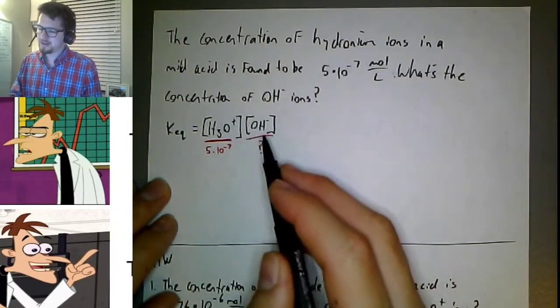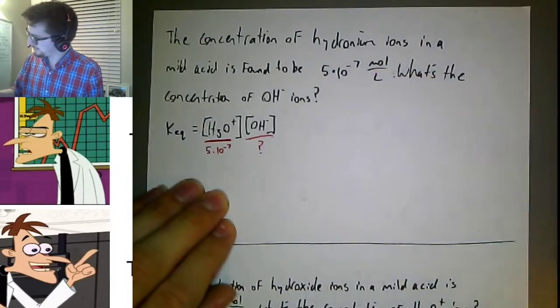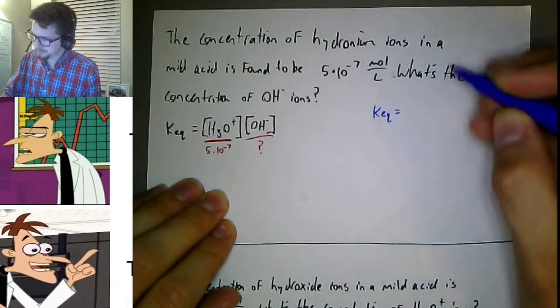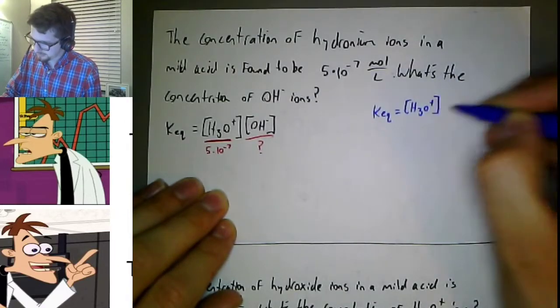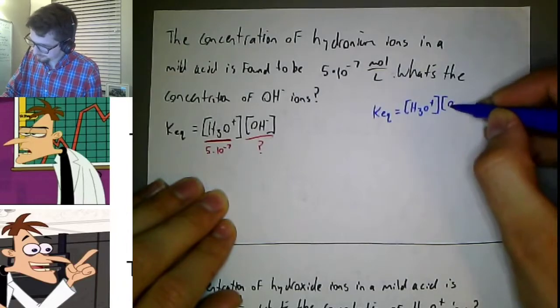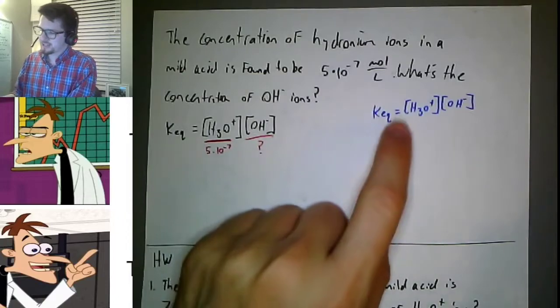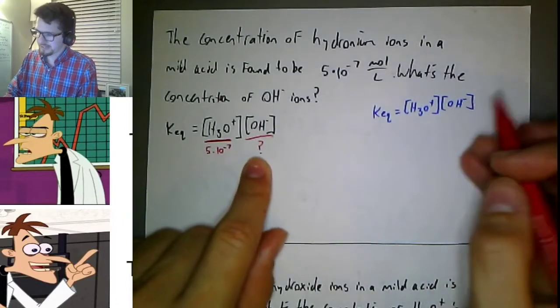So how do I get hydroxide on the one side of the equation? Well, if I use a hint from math, I know that if I want to get something to the other side, I have to do the opposite of what I see. I see multiplication, and I want to get OH. I want to get H3O away from OH because I want OH by itself.